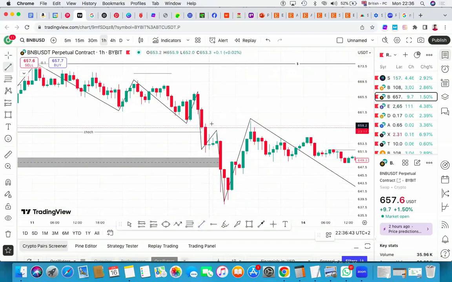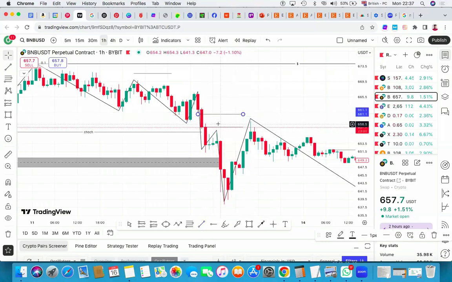Look at your first and your third candle. And this is the second scenario. This is also a fair value gap, FVG.